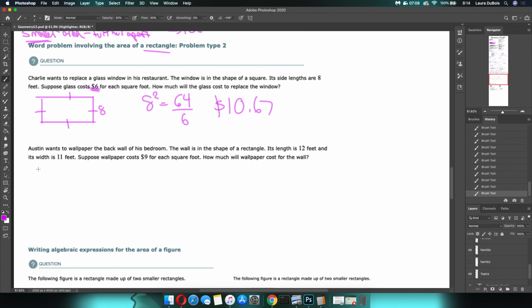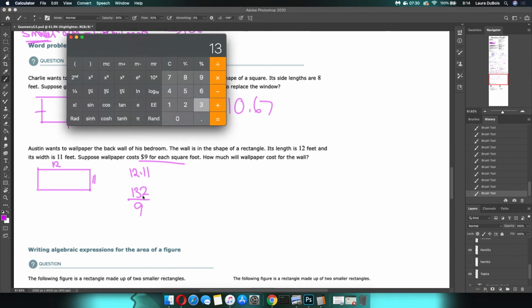Wallpaper in the bedroom. Bedroom is in the shape of a rectangle, or at least this time I read the problem before I drew the picture. Length is 12, width is 11. It's $9 per square foot. Okay, so 12 times 11 is 132 divided by the $9 per square foot.